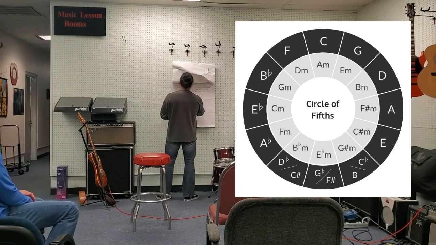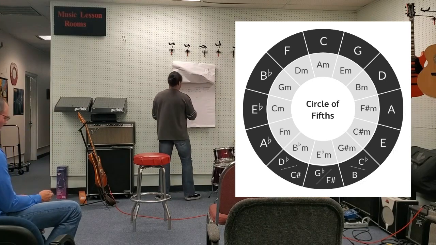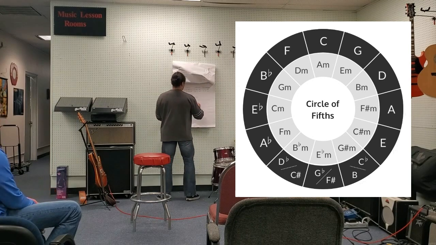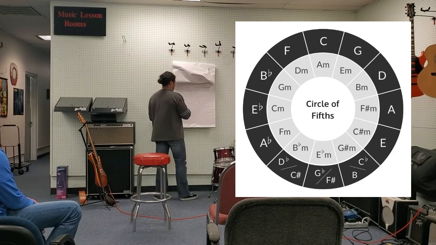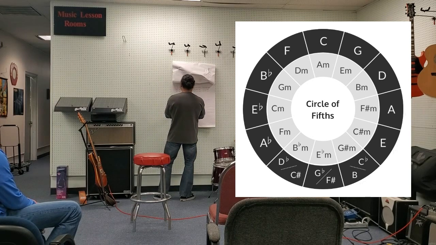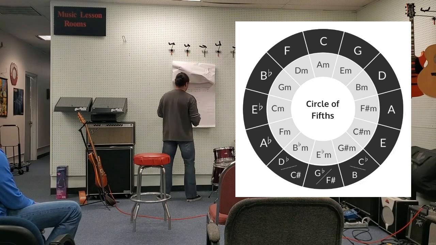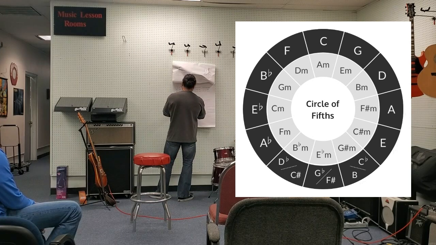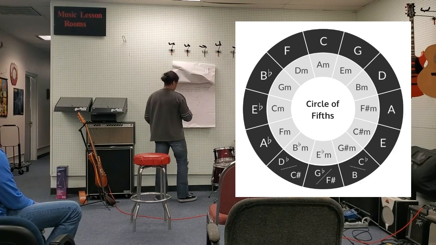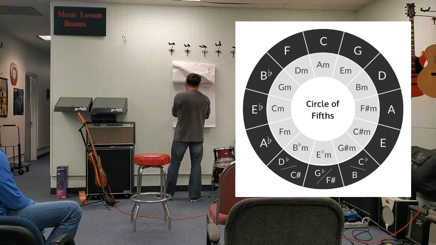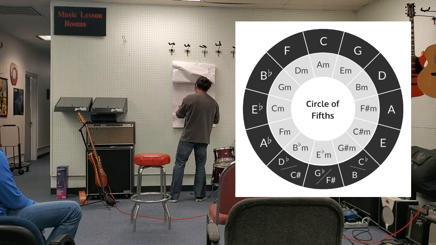C, and then you have F on this side, and then you have G on this side, and then you have B flat over here, and then you have D over here, and then you have A over here, and then you have E flat over here, and then you have E, and then you have A flat, and then you have D flat over here, which can also be the key of C sharp, and then you have B over here, which can also be the key of C flat.